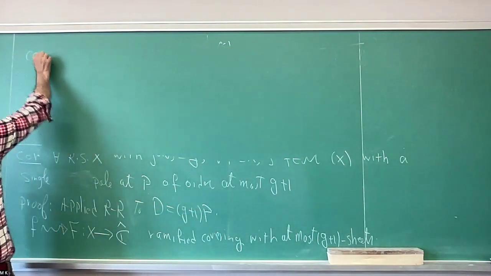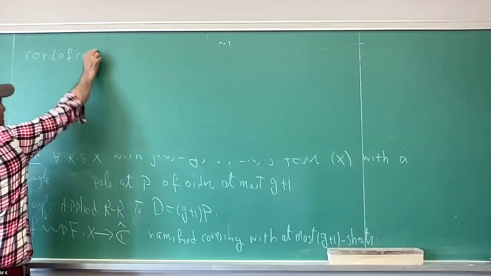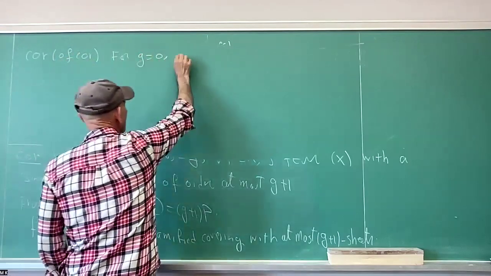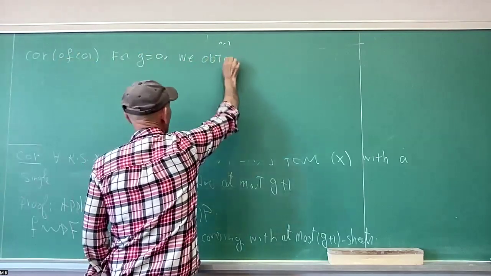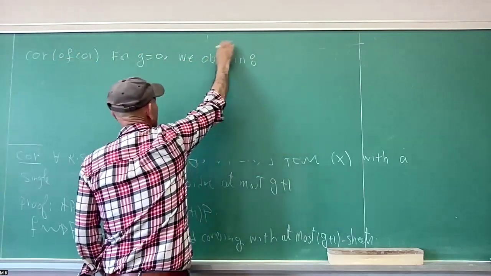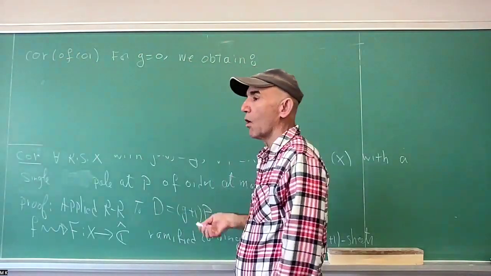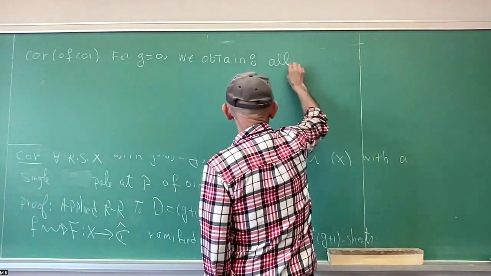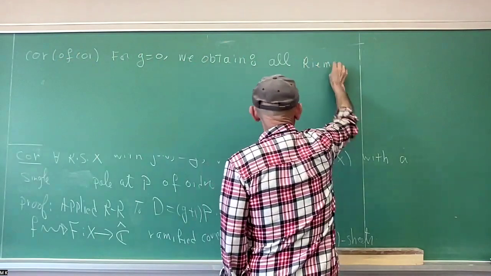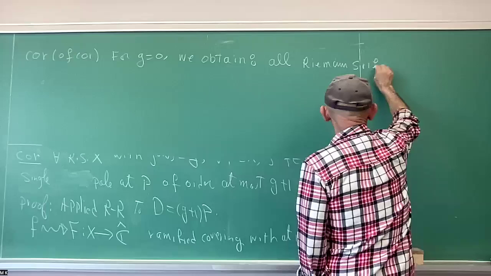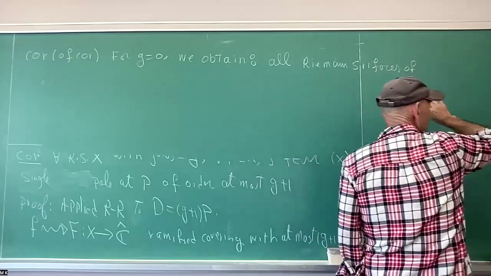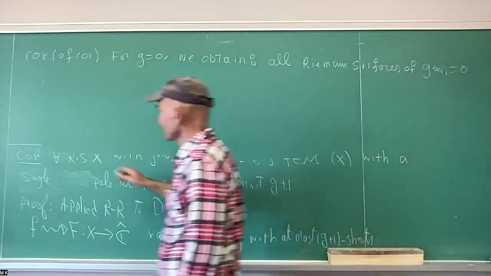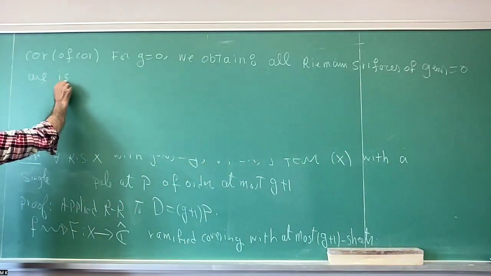So a corollary of the corollary is that for G equal to 0, we obtain that all Riemann surfaces of genus 0 are isomorphic.